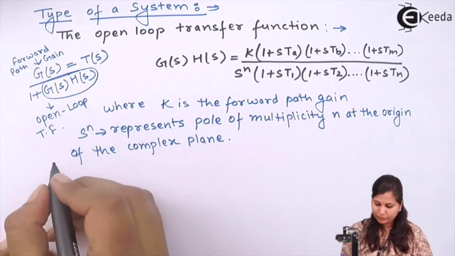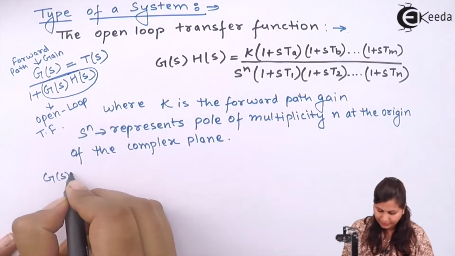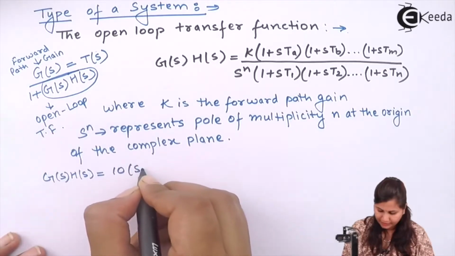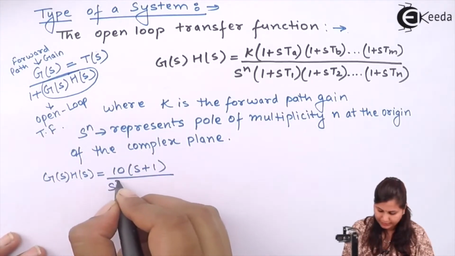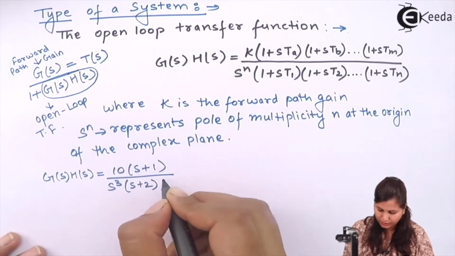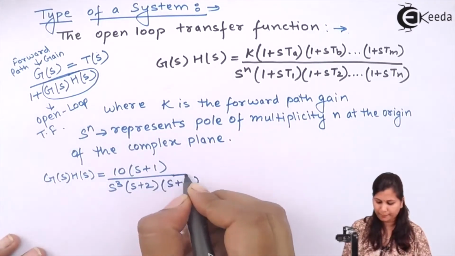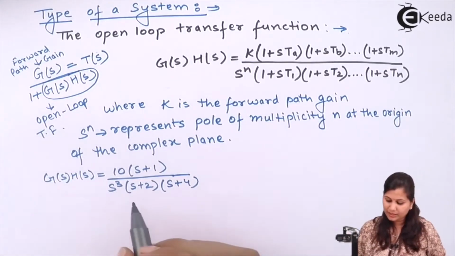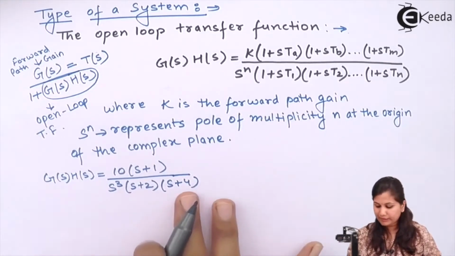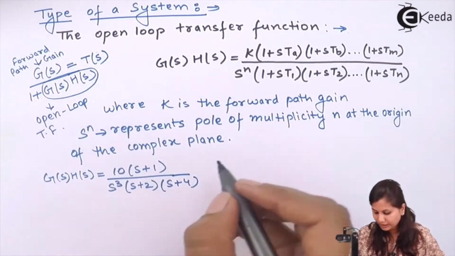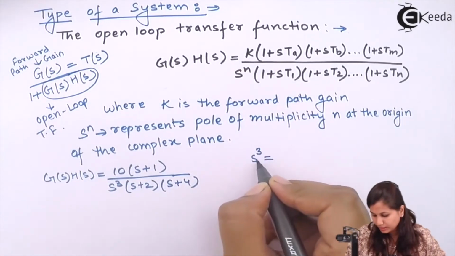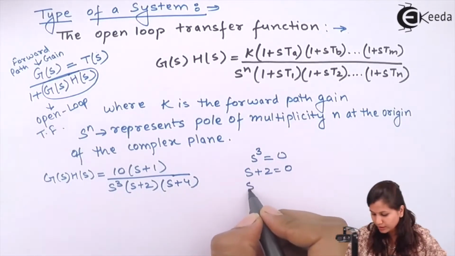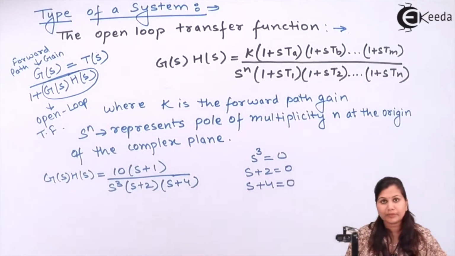Let's take an example so that you can clearly understand it. Suppose G(s)H(s) is 10(s+1) upon s^3(s+2)(s+4). This is an open loop transfer function. If we see the poles of this system, s^3 equals 0, s+2 equals 0, and s+4 equals 0.